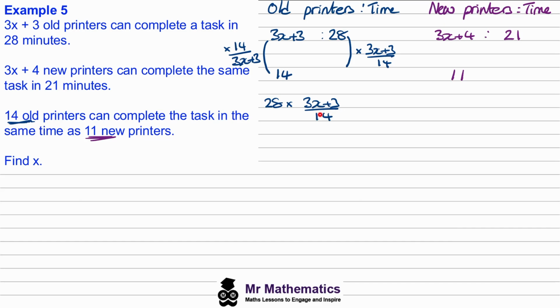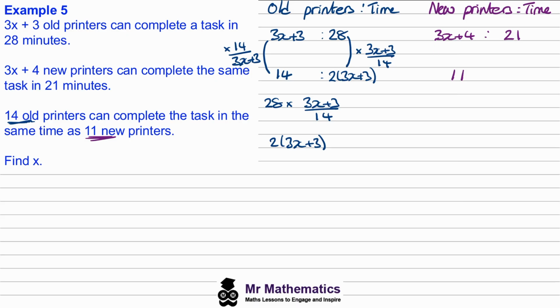And you can see that the 28 divided by 14 will give us 2. So we'll have 2 lots of 3x plus 3. And this will be the time. 2 lots of 3x plus 3. And now this time will be exactly the same as this time.